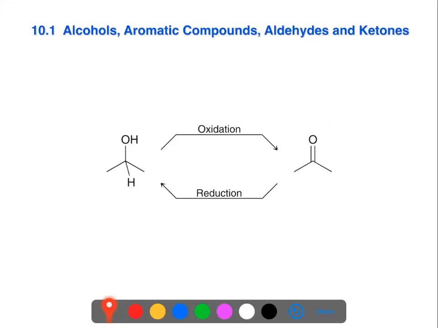And again, we're using the term reduction to imply that we're forming more bonds to carbon with atoms that are less electronegative. And that generally, as I've mentioned previously, involves the formation of new carbon-hydrogen bonds. Whereas oxidation is the opposite of that. That generally involves the formation of new bonds to carbon that are more electronegative than, let's say, a hydrogen atom. So forming new bonds to oxygen is a typical example from which the name is derived.